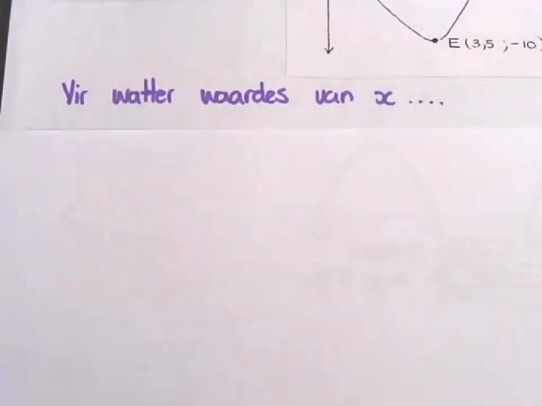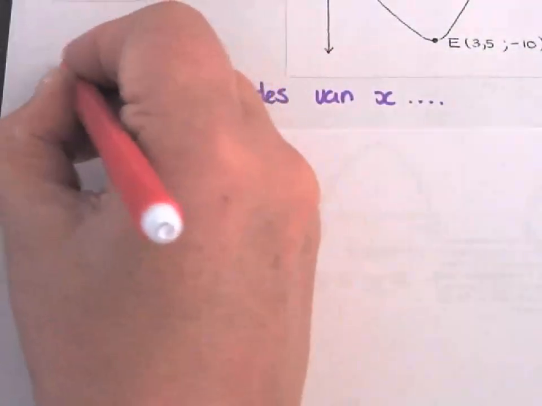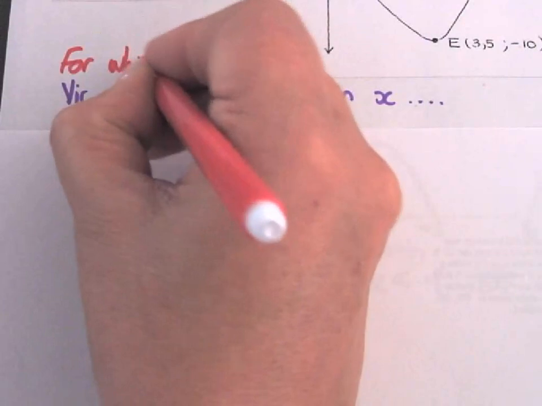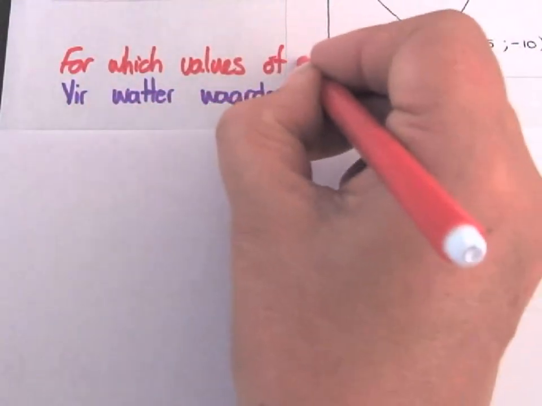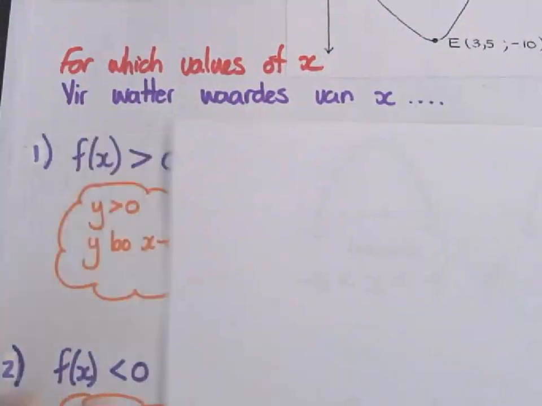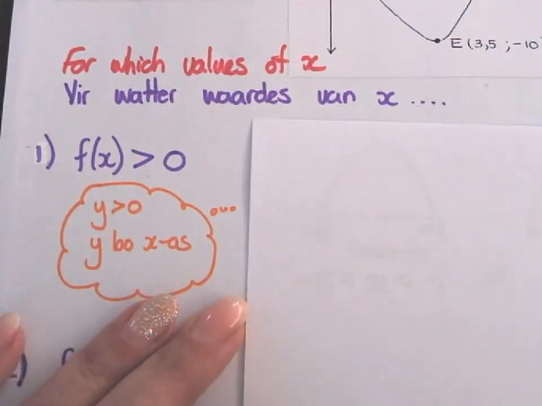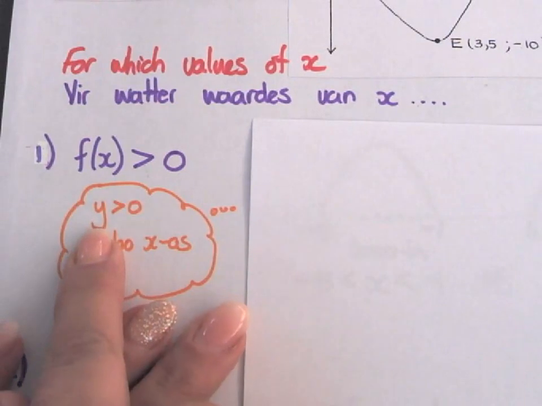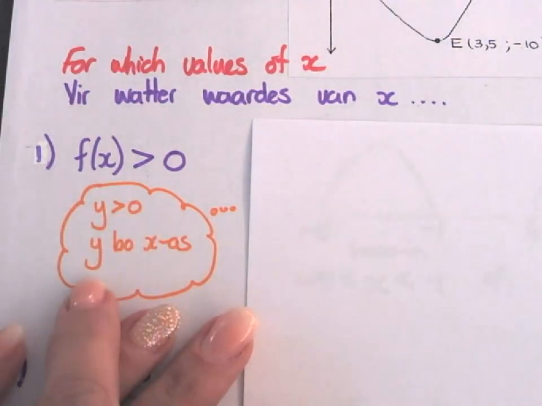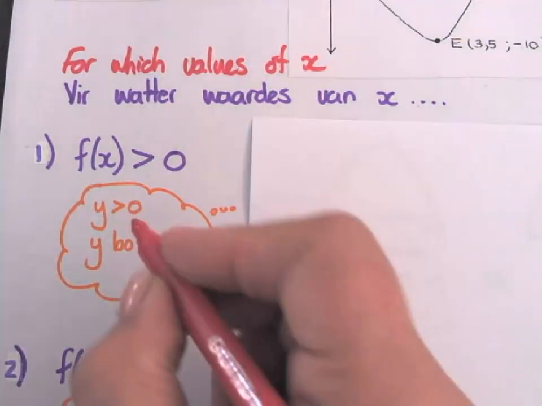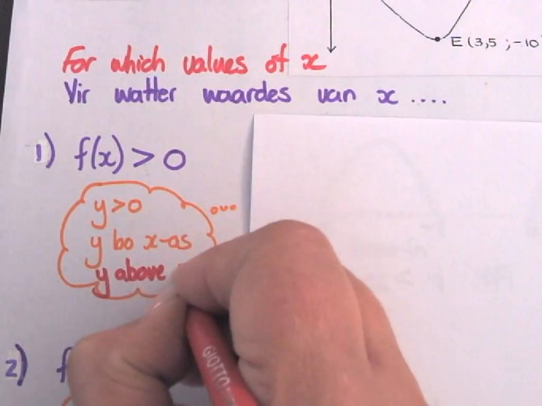The question will be, for which values of x will f(x) be larger than 0? That means where will y be larger than 0, or the y is above the x-axis.